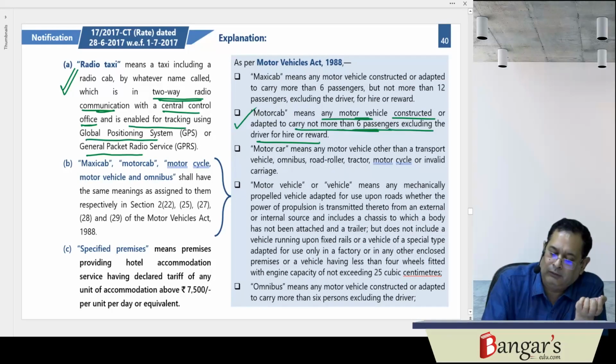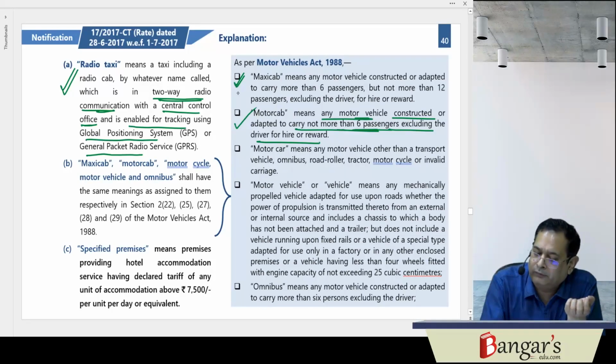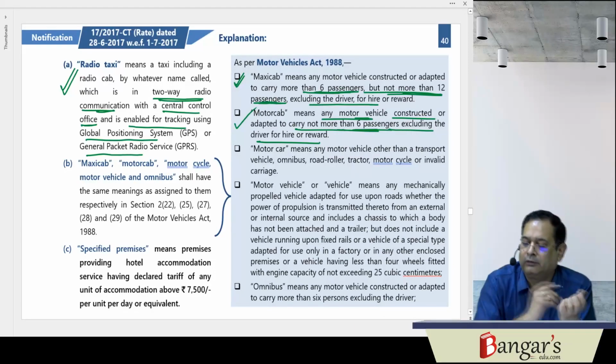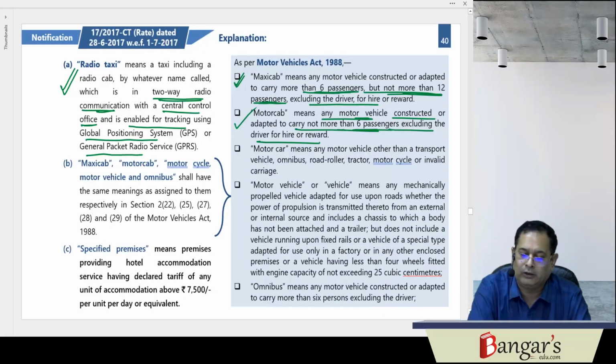Then we have a maxi cab. Maxi cab means any motor vehicle constructed or adapted to carry more than 6 passengers but not more than 12 passengers, excluding the driver, for hire or reward.